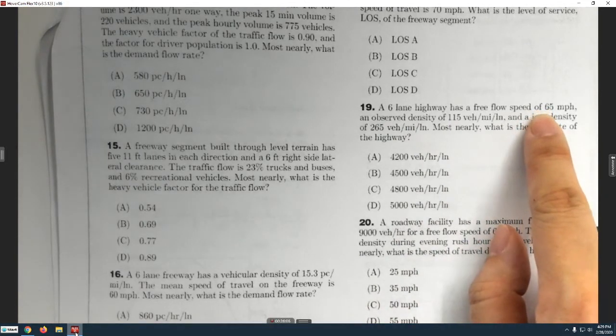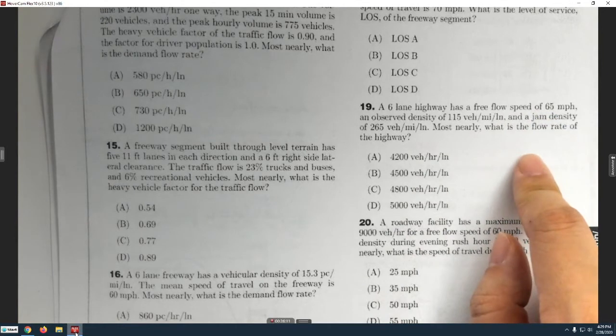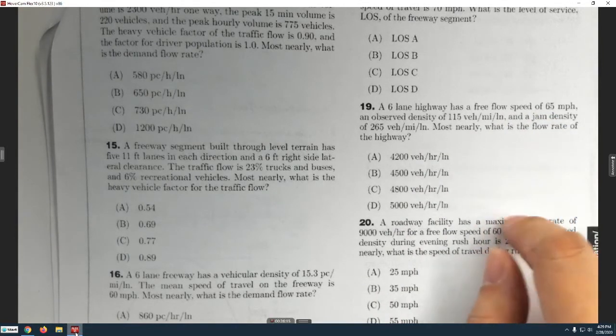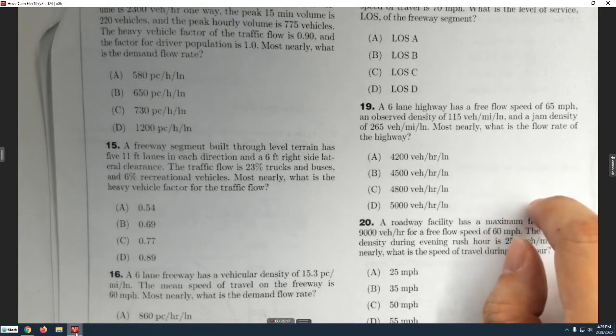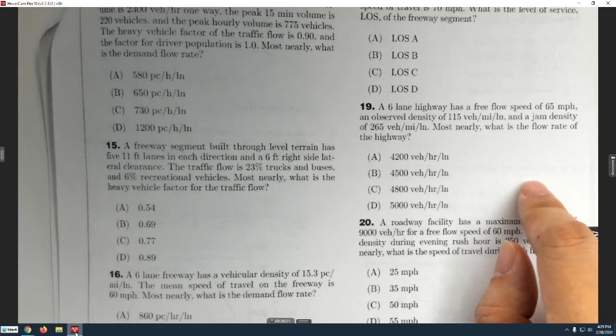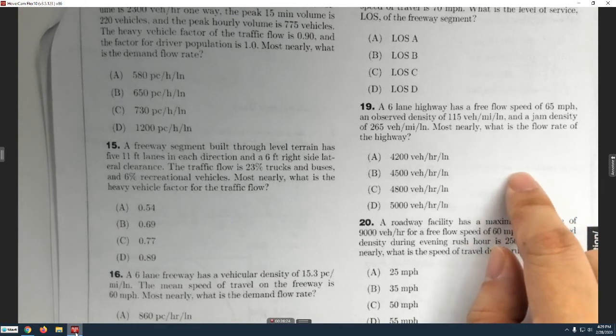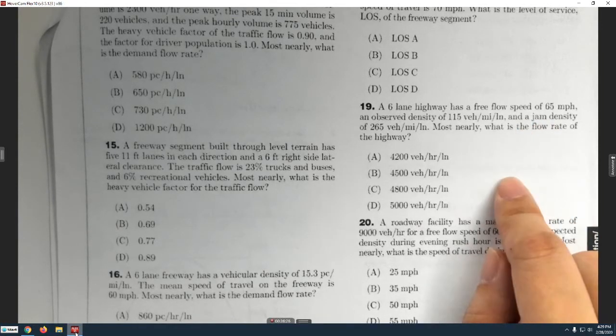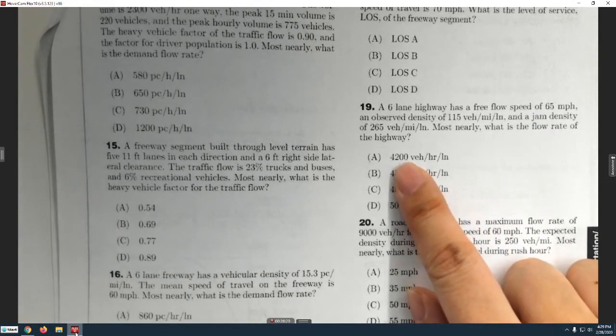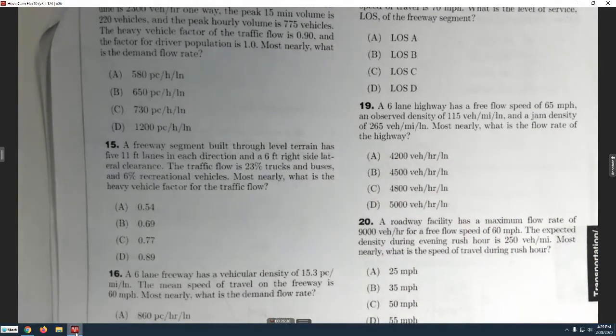The speed V equals the free flow speed minus free flow speed over jam density times the density. And then flow rate is just the density times the speed. So do the calculation for this one, around 8.